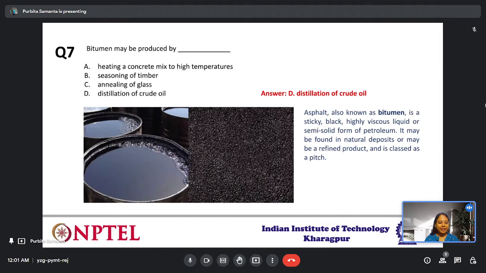As we can understand from the image itself, it's a sticky, black colored liquid which is produced through the fractional distillation of crude oil. And this product is basically used to make roads.